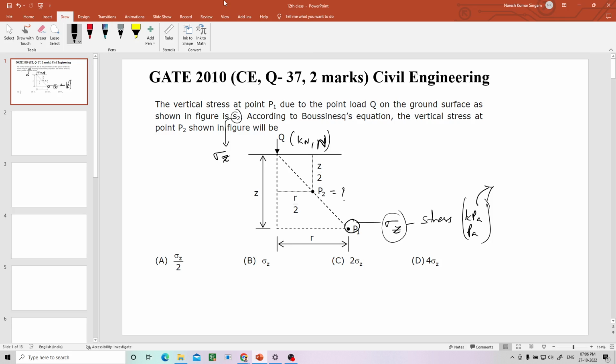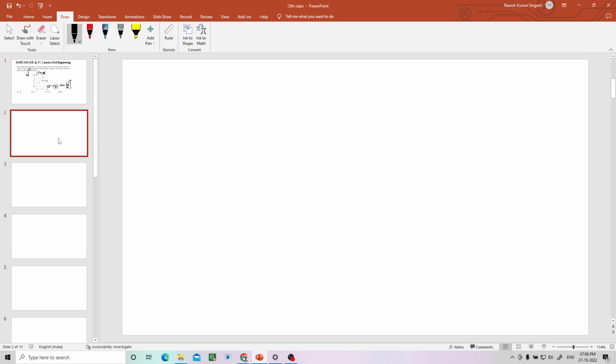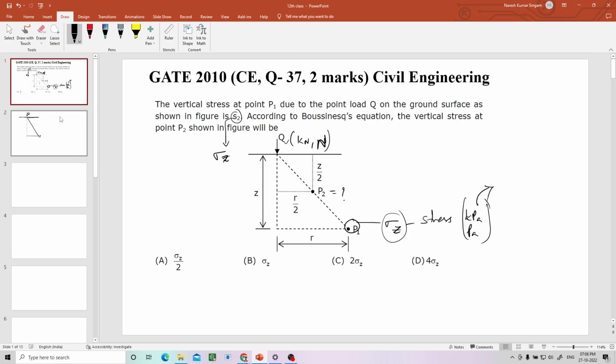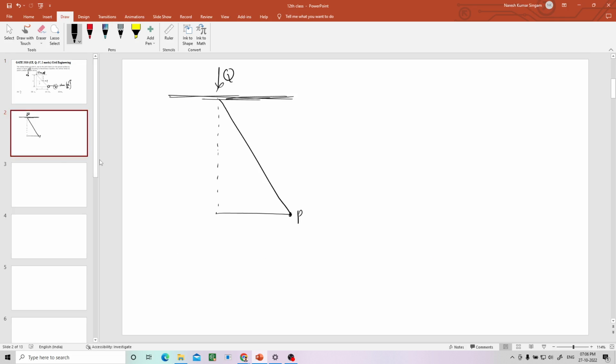If you know the formula for the increment in stress due to a load applied on the ground surface, then we can easily solve that. So we'll just reproduce the diagram. This is Q, somewhere at point 1.